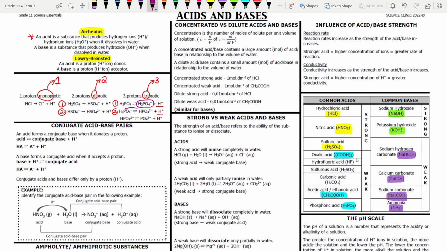That's going to lose another proton to become HPO4. Now we lost another positive, so we get 2 minus as our ion. Then we take that HPO4 2 minus, start with it again, and lose the final proton to become just PO4 3 minus. So all in all, we're going to lose 3 of them. Okay, does that make sense? Yes. Okay, cool.